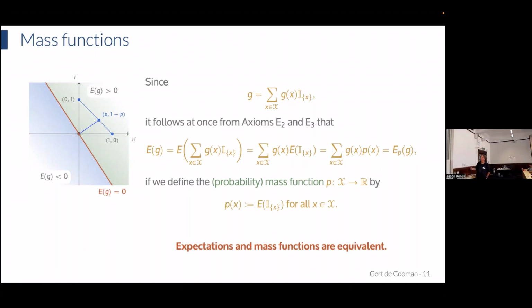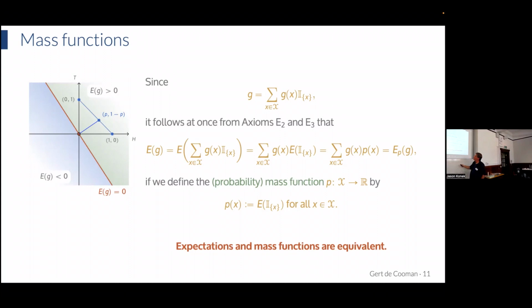What does this P look like? Well, this P is just an orthogonal vector to this plane, right? So this is the plane of the gambles where the expectation is 0. Draw a normal to this and project it onto the probability simplex here. So this line, the line of all the mass functions, right? So these are the probabilities.